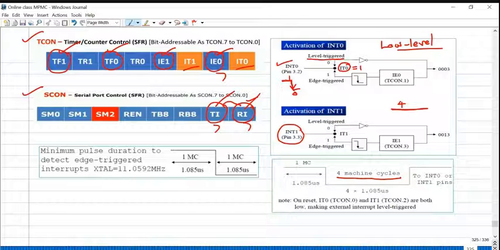If the corresponding INT0 or INT1 pin maintains the zero state for a minimum of 4 into 1.085 microseconds, then this interrupt will be recognized.